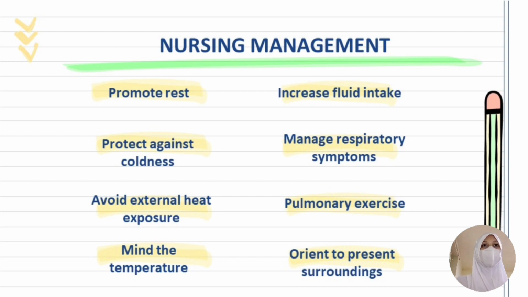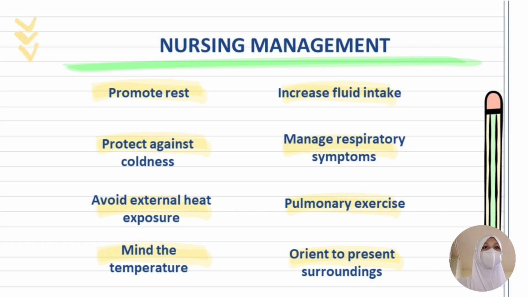And then manage respiratory symptoms. So, we want to monitor the respiratory depth, rate, pattern, and ABG. So, we will identify patient baseline to monitor further changes and evaluate effectiveness of intervention. And then pulmonary exercise.